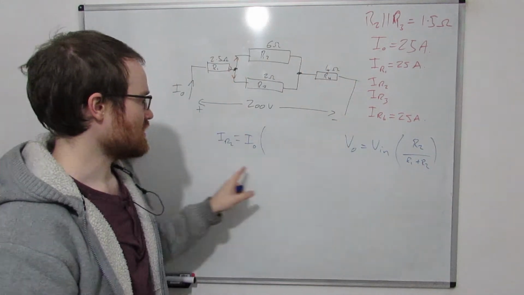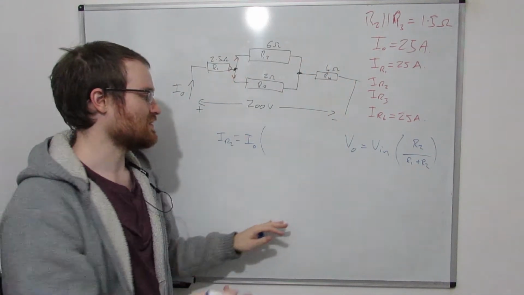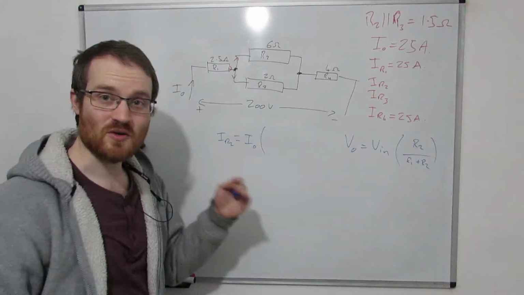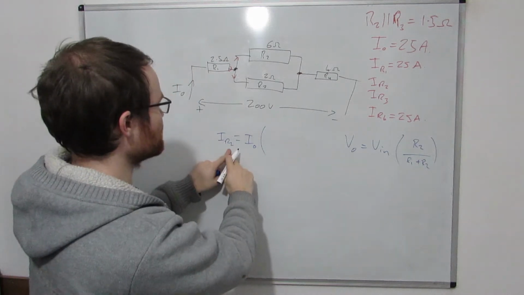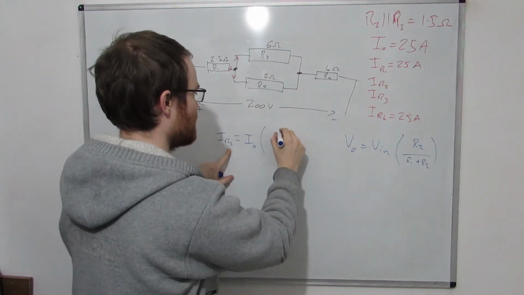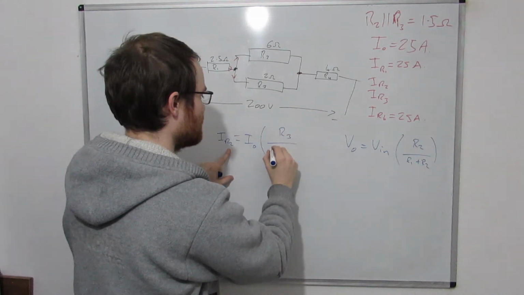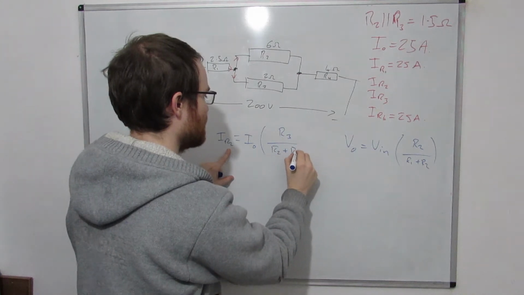And now the current divider equation is kind of the opposite of that, where you take the resistance that you don't want on the top. So if we're finding IR2, we want R3 on top, and then R2 plus R3 on the bottom.